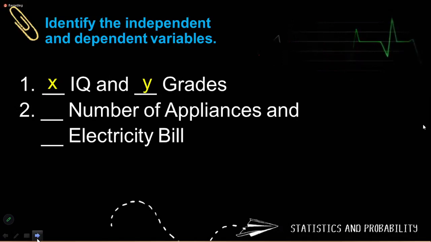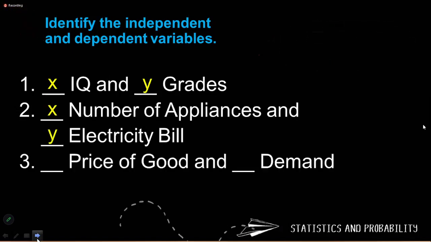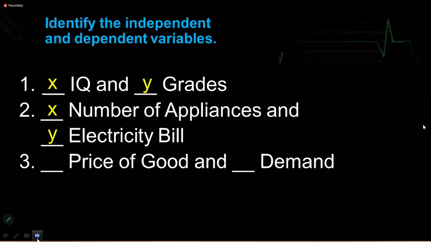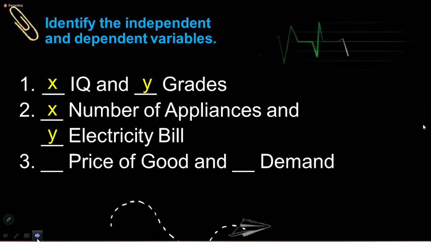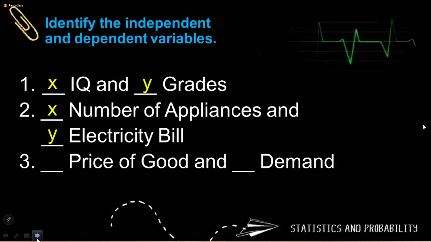The X is the number of appliances, and the Y is the electricity bill. Okay, correct. Very good. Let's have the next one. Price of a good and demand. Okay, anyone? Okay, Tian. The price of the good is Y and the demand is X. Okay, very good.